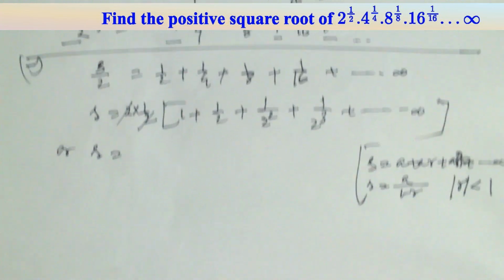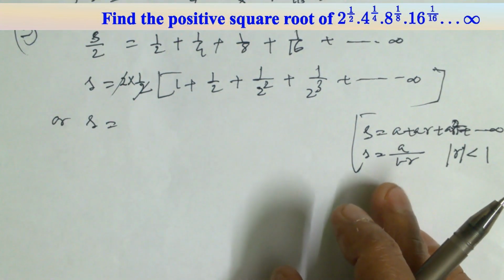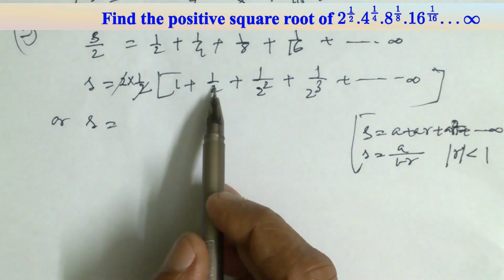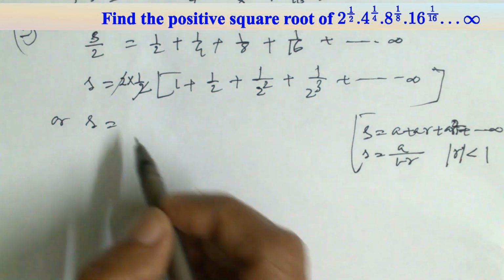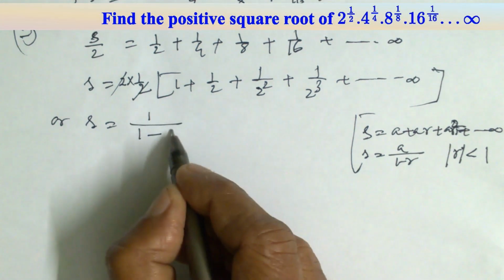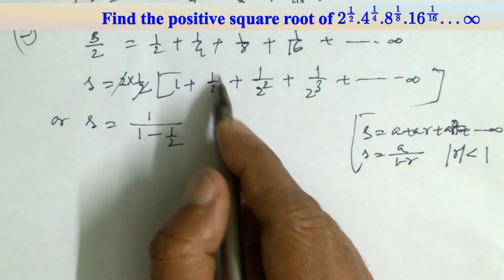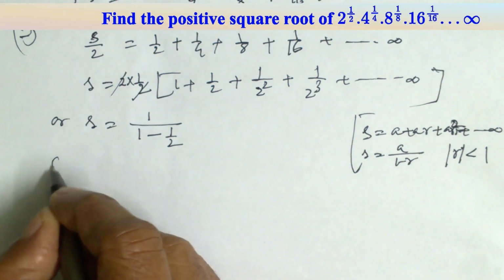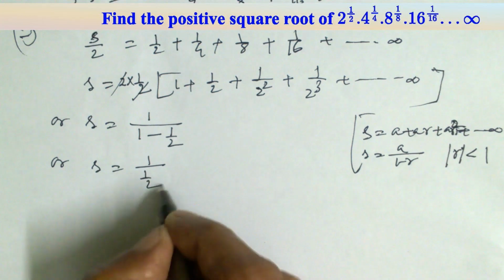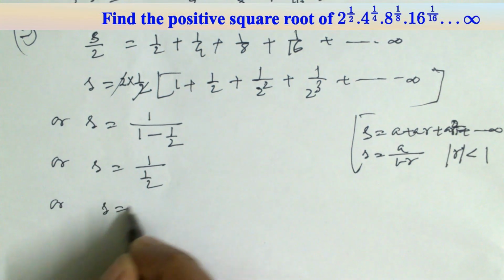So here the first term is 1, common ratio half, which is less than 1. So S is equal to 1 by 1 minus half, or S is finally 2.